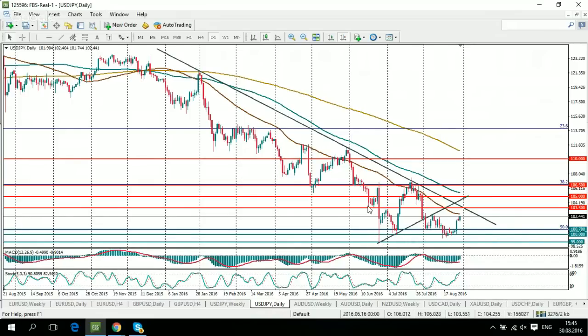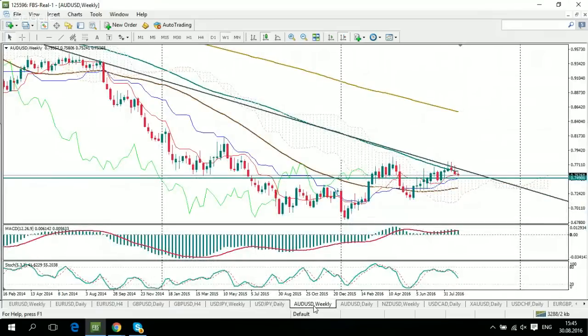Several times we have stayed above this mark. So I think that the current levels are rather high, and there is no need to be afraid of some monetary policy intervention from Japan.